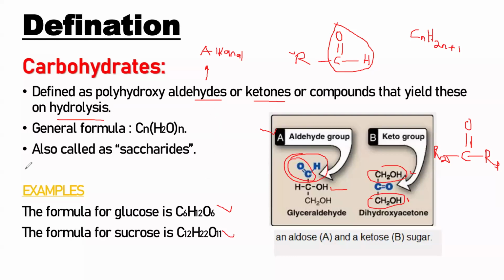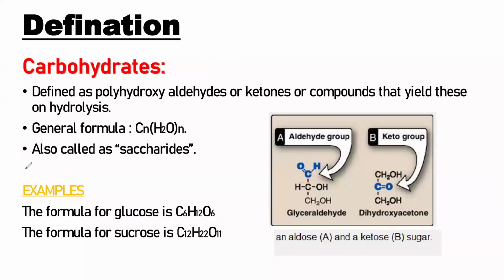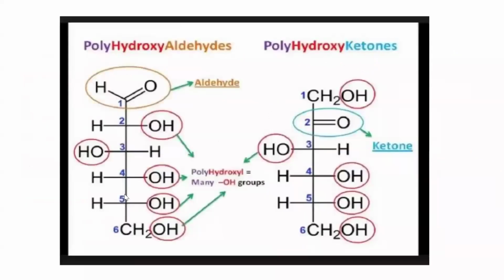Okay, so now, ladies and gentlemen, we are moving to the next slides. Look at it. This is a polyhydroxyaldehyde. How do we indicate the polyhydroxyaldehyde? You see, the hydroxy is red in color. We have OH in this case: 1, 2, 3, 4, 5. That is why it's considered polyhydroxy.